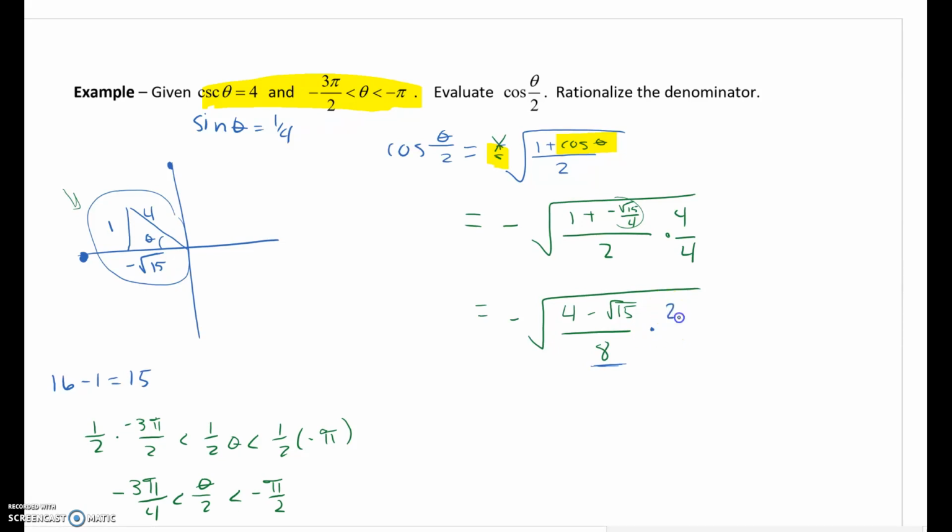So I multiply by 2 over 2, and notice I'm still inside the square root. I'm multiplying inside the square root by 2 over 2. That gives me negative square root of (8 minus 2 root 15) all over 16.